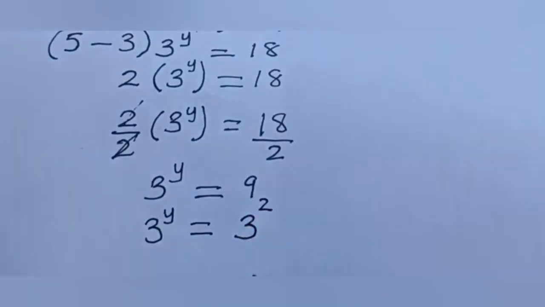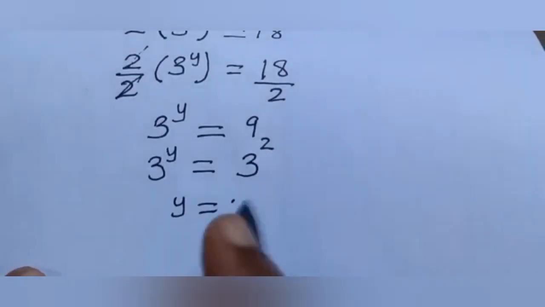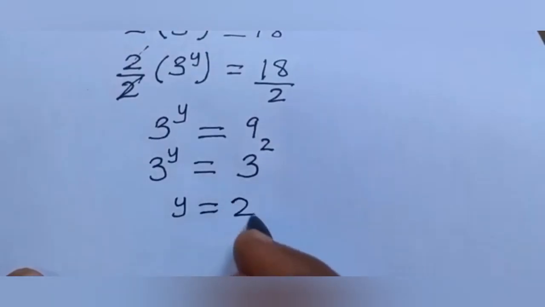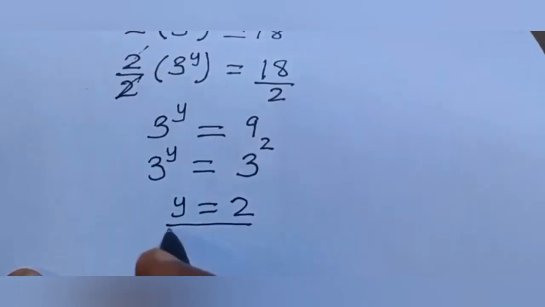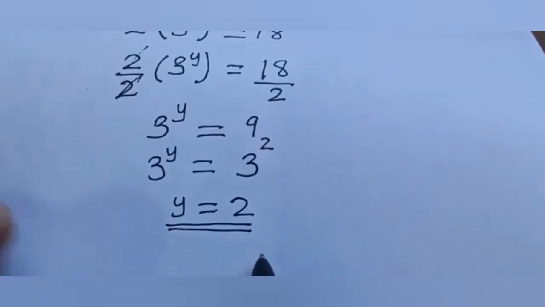As you can see here, the base on the left hand side equals the base on the right hand side. Since these bases are equal, we can compare their exponents. So in this case, we have y equals 2. This is our answer.